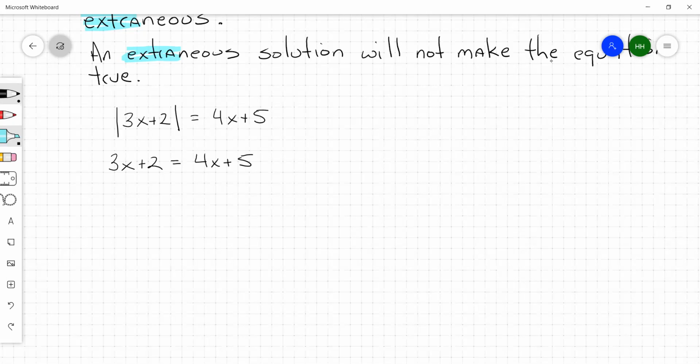And now we rewrite and we negate the entire right side. So we got 3x plus 2 equal to negative 4x minus 5. You have to negate everything over there. Change the sign of everything on the right side of the equation.